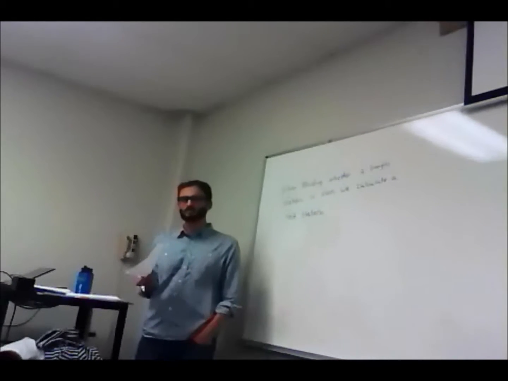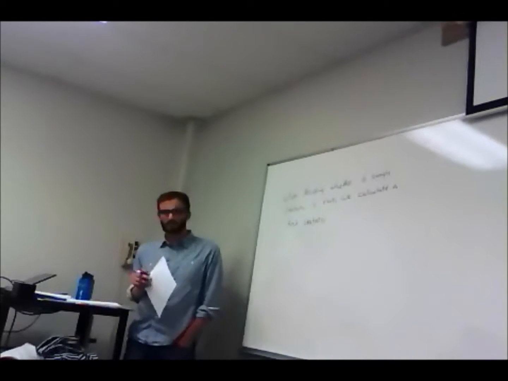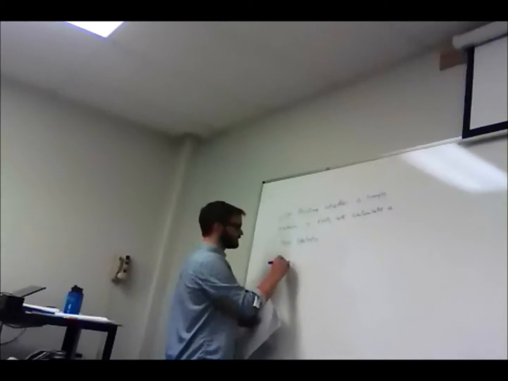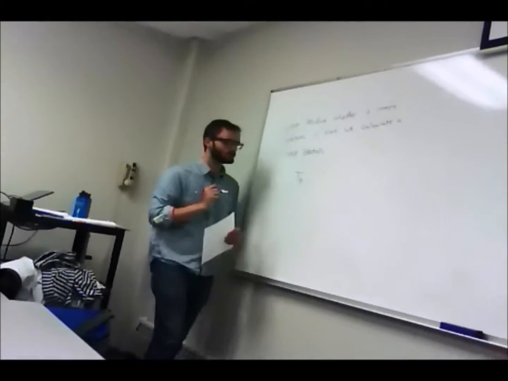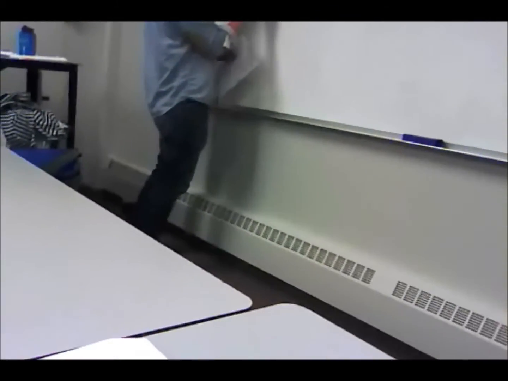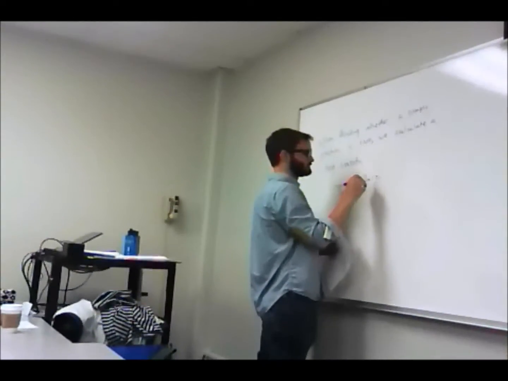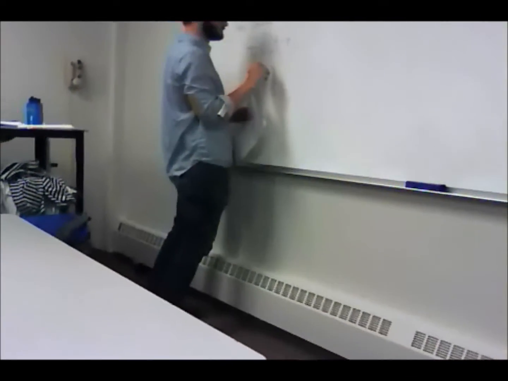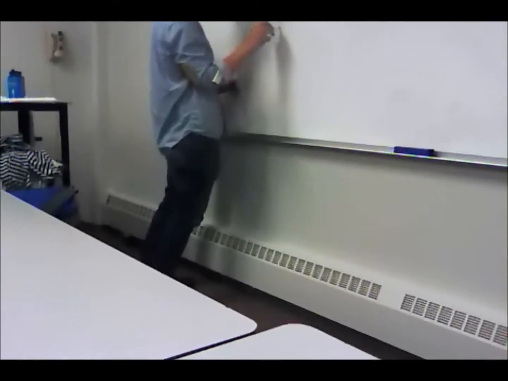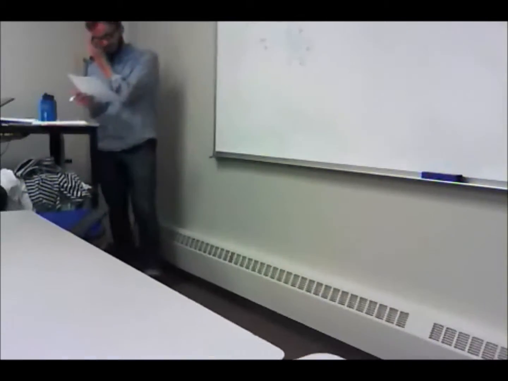Remember in confidence intervals when we know the standard deviation, and when we don't know the standard deviation. So we're going to have one test statistic, which I'm going to call T, which is the test statistic for a proportion. So this should look somewhat familiar.